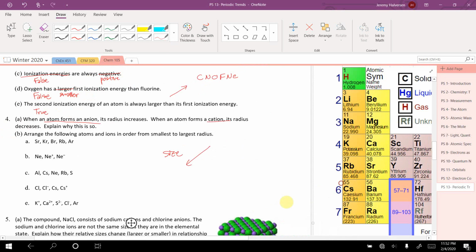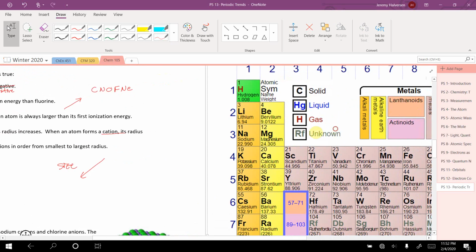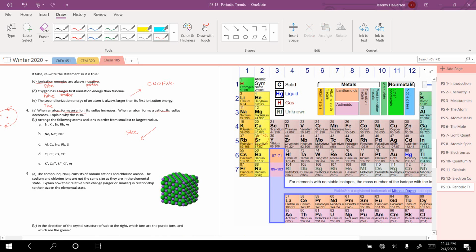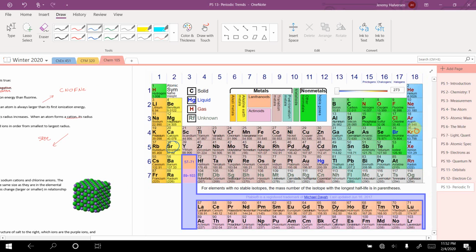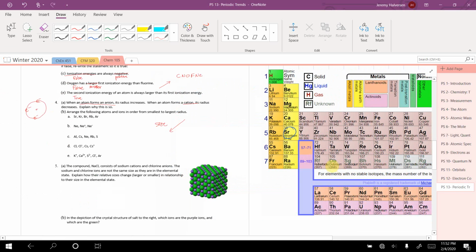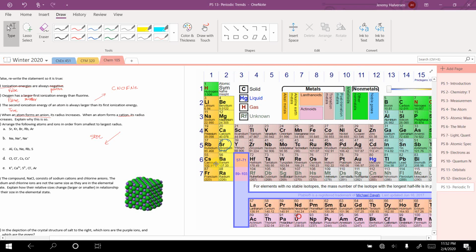So in this case, we have strontium, krypton, bromine, rubidium, argon.